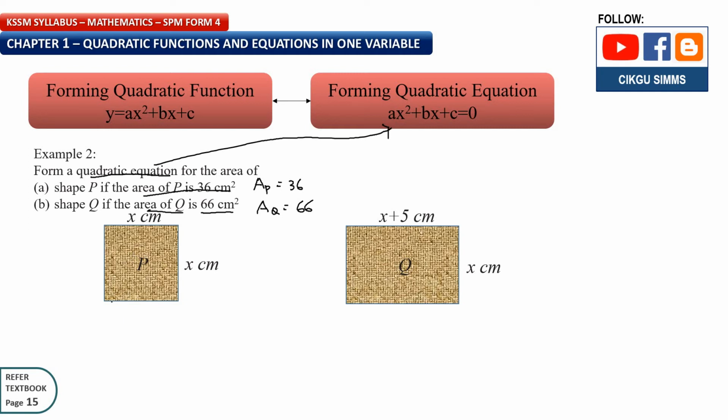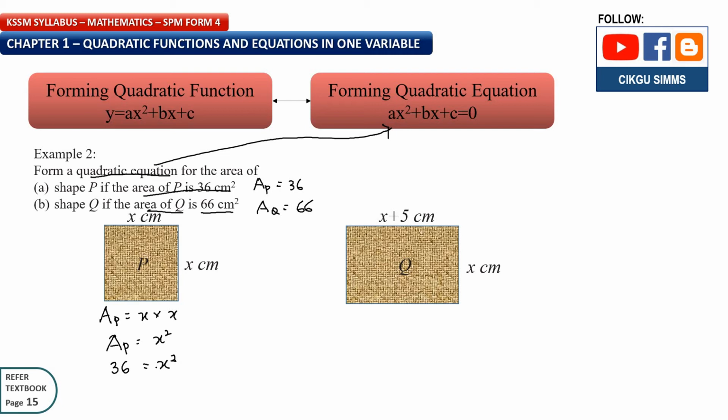So first we form the quadratic function. AP equals x times x, so AP equals x squared. Now we know the value of AP, we can substitute it inside: 36 equals x squared.